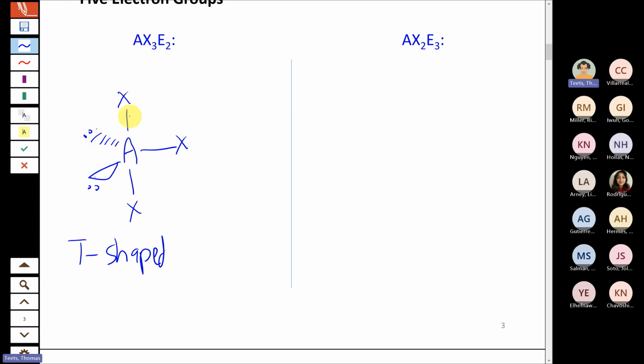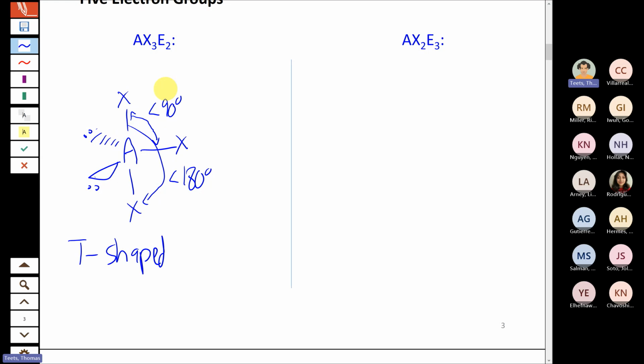So what we have is only 1 bond angle now, which is going to be a little bit less than 90 degrees because of the effect of the lone pairs. I guess you could have this larger bond angle too, around 180, but we typically just quote the smallest bond angles that are present, more so than all of them. So the smallest bond angle in this would be 90 degrees, or just a little bit less than that.